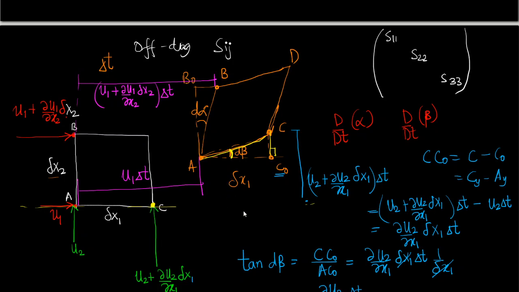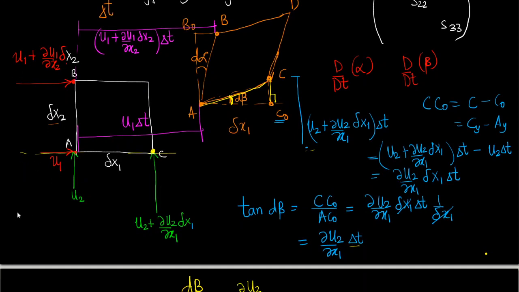Therefore, we can write down BB0 as the difference in this and this.